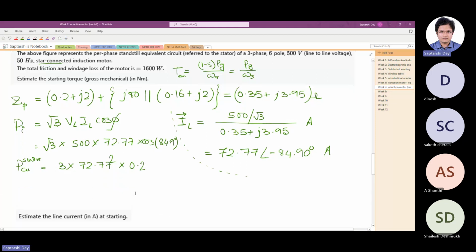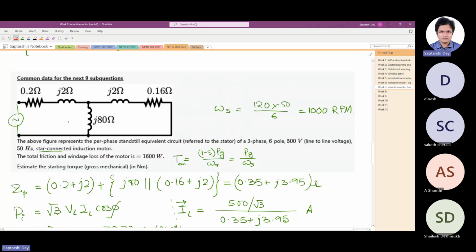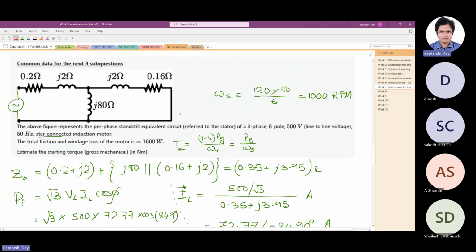So for the input power, one more thing is they have not mentioned anything about stator core loss here. That's an experimental thing, and resistance and other things are not given. So one assumption that goes in this problem is core loss is neglected. No data or hint is there in the question about core loss.